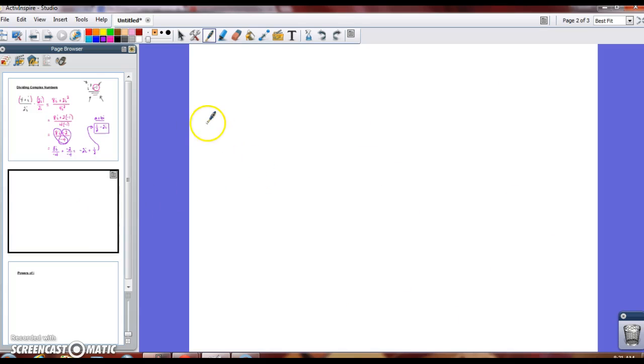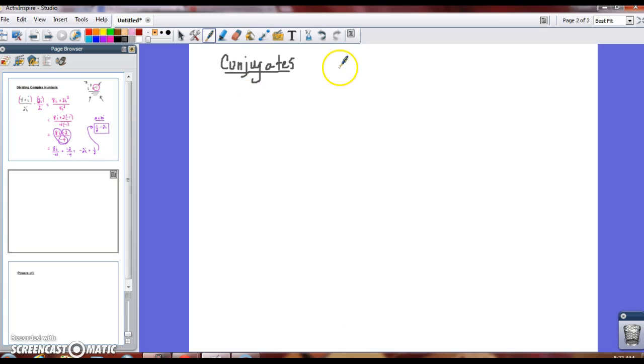Okay, let's talk about one that's a little bit more complex when you have a binomial in the numerator and in the denominator. Before I do that though, I want to talk about conjugates. Okay, and conjugates are so unbelievably useful when you're doing this type of stuff. A conjugate is simply this, and we talked about this briefly before.